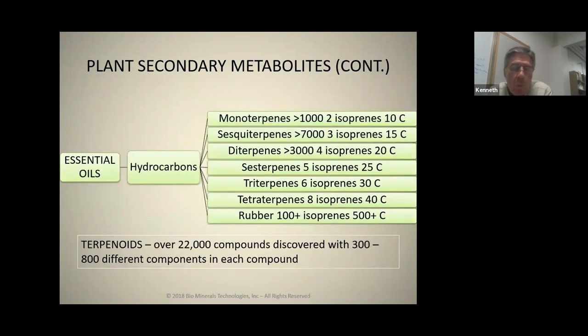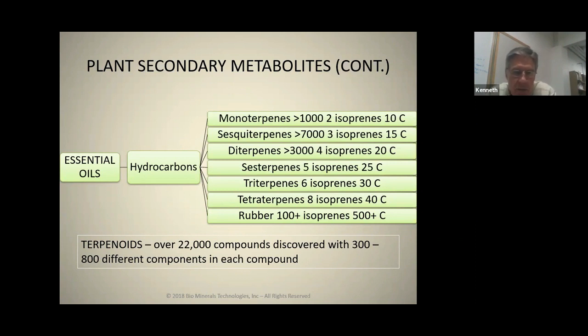So let's look at one group, just essential oils. All right, we have hydrocarbons and oxygenated compounds. Now, again, we're taking the secondary metabolites, we're breaking it down into different groups. Now we're looking at subgroups, and then we're going to look at more subgroups. But just in the terpenoid groups here, we've identified over 22,000 different terpenoids, and the number is climbing.